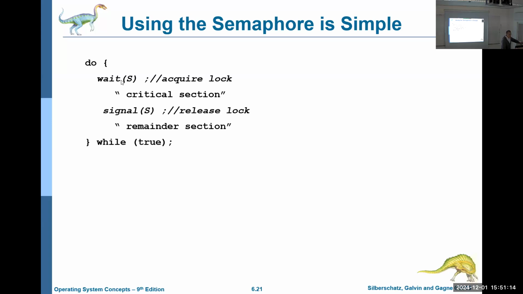And again, I'll wait on S. Now the signal will cause me, if I'm the only one there, to not wait here. Does that only work with two processes? It'll probably have unbounded wait if you have more than two processes, because we're signaling anybody; we don't know who we're signaling.